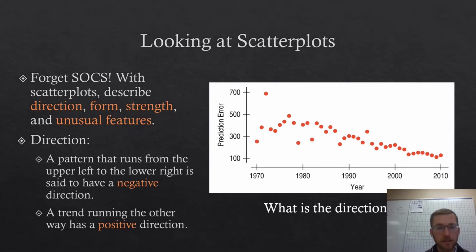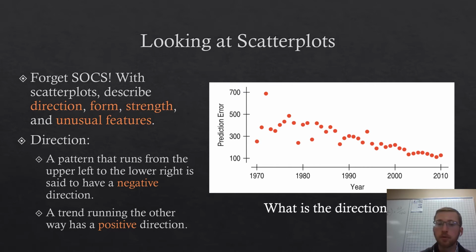The first one, like I said, is direction, and that is basically as we go from left to right in our graph, is there a positive direction or is there a negative direction? If we look at this example, in the year 1970, the predicted error, if you were to take the average of them, is right around 500. Whereas if we go down to 2010, it's right around 100.